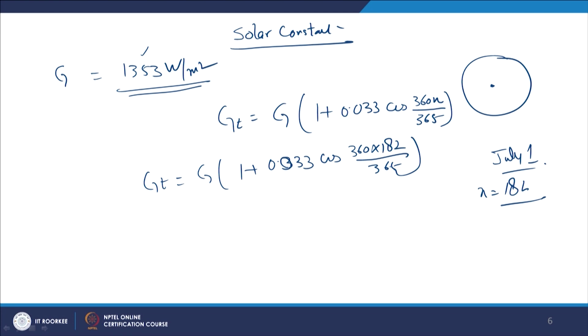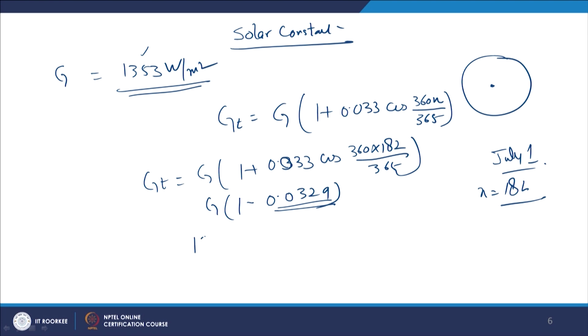Now, if we take cos of 360 into 182 divided by 365, it is minus point something, and it is multiplied by 0.033. So, it is 1 minus 0.0329, right.